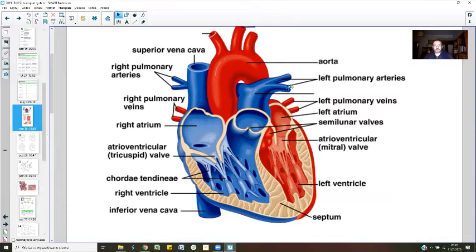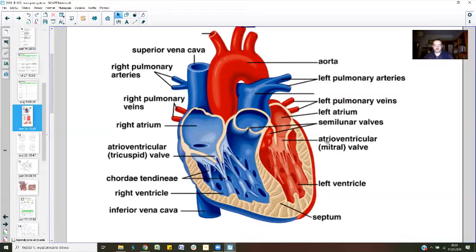Here blood flows under high pressure to the lungs, is oxygenated and returns back to the heart, to the left side, to the left atrium via the left and right pulmonary veins. Then blood flows to the left ventricle through the atrioventricular valve.